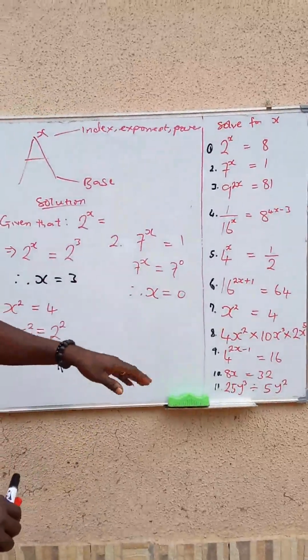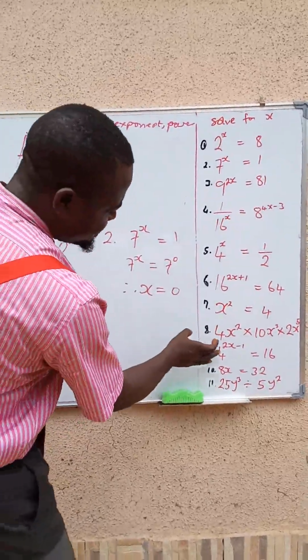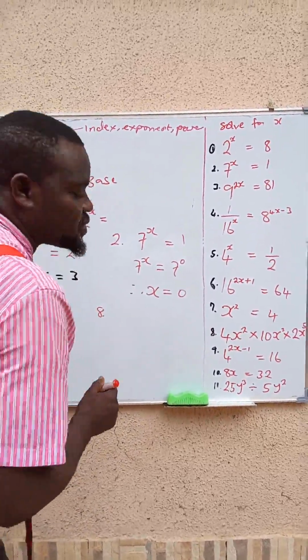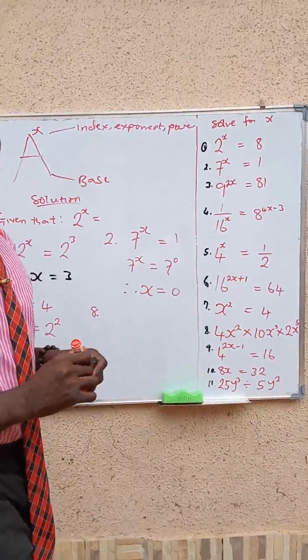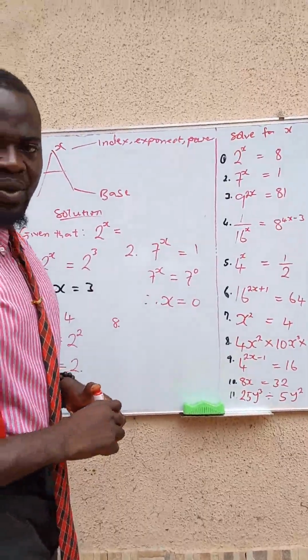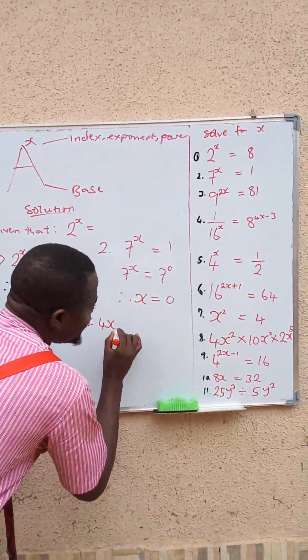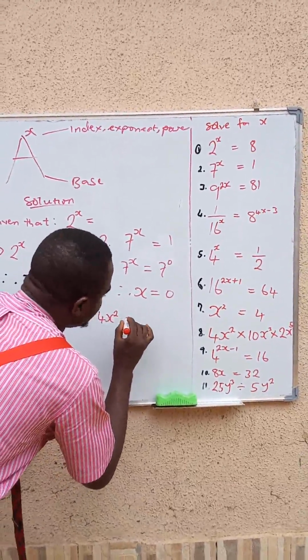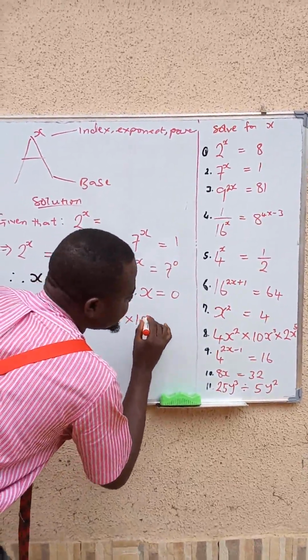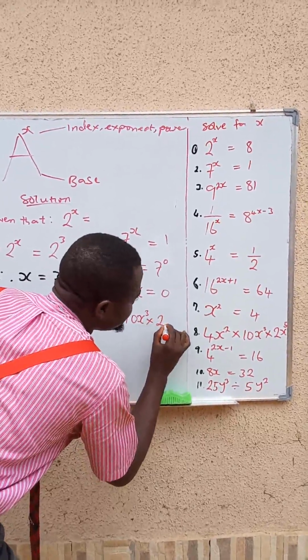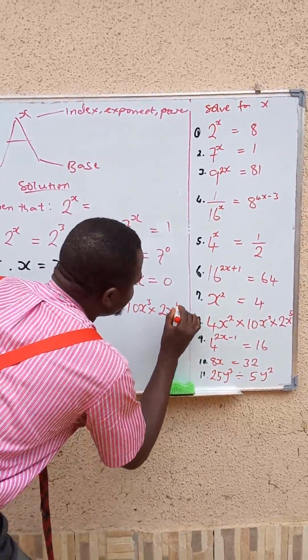Then see this. Let me give this. They put something like this. That is number 8. I'm picking them because you do the other ones. I'll pick them according to the laws. Number 8 says that 4x raised to the power of 2 multiplied by 10x cubed multiplied by 2x raised to the power of 5.